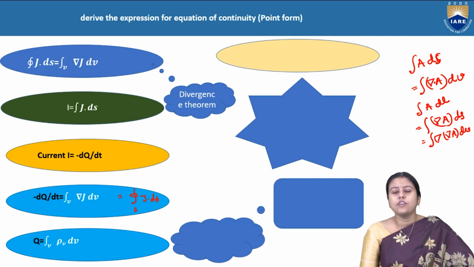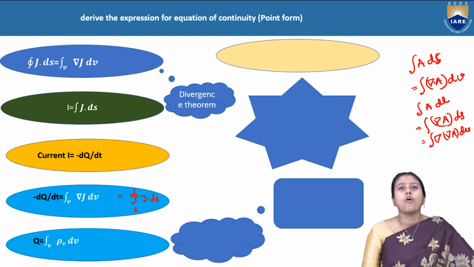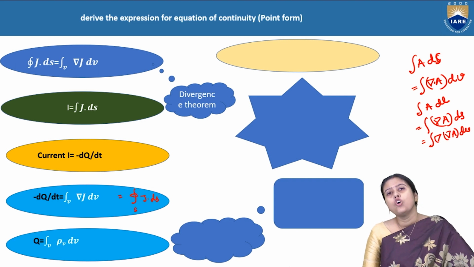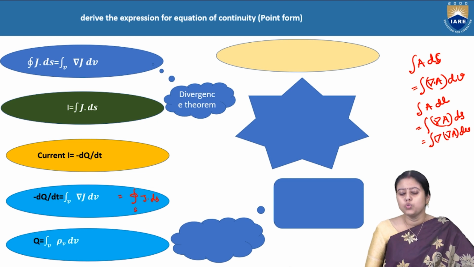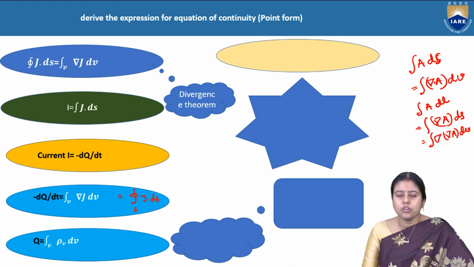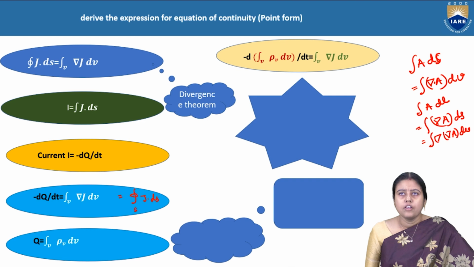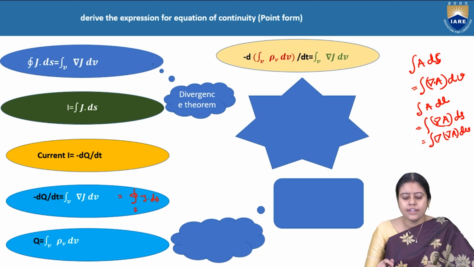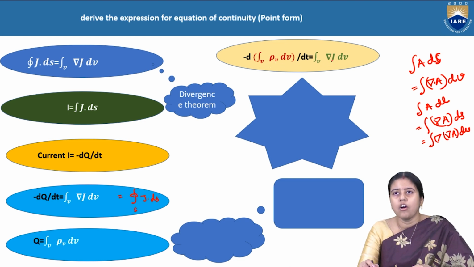Rho v is the volume charge density, meaning charge per unit volume. So Q is equal to the volume integration of rho v dv. If we equate both sides, we get minus d by dt of the integral of rho v dv is equal to the integral of grad dot J dv.